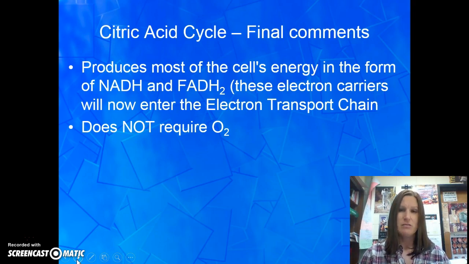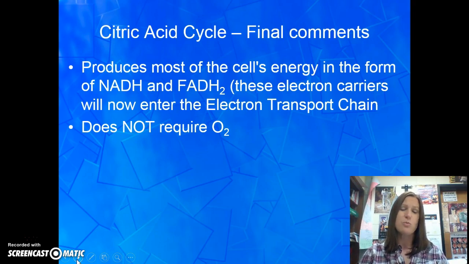But in the end, what we get is a production of only, per pyruvate, 1 ATP, 4 NADH, and 1 FADH2. Okay, so per glucose, we're getting 2 ATP, 8 NADH, and 2 FADH2.